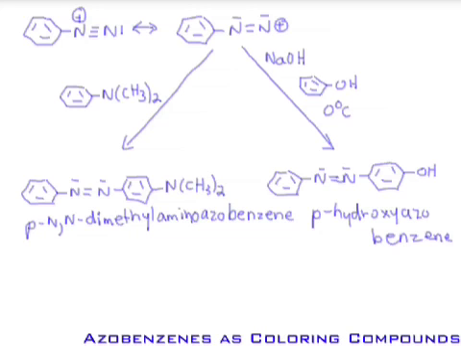Now, these types of molecules are important. In many organic molecules, the type of radiation that is absorbed by the organic molecule is ultraviolet. And so these molecules appear white. But compounds that have extended conjugated double bonds lower the energy of separation between the highest occupied molecular orbital and the lowest unoccupied molecular orbital, HOMO and LUMO.